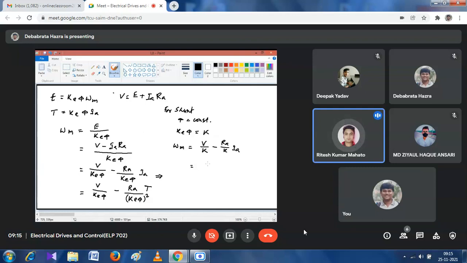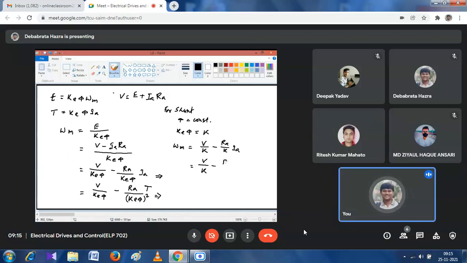No, from that equation, if we put Ke into phi is equal to K, then what is the form of speed in terms of T? This should be V by K minus Ra by K square into T.